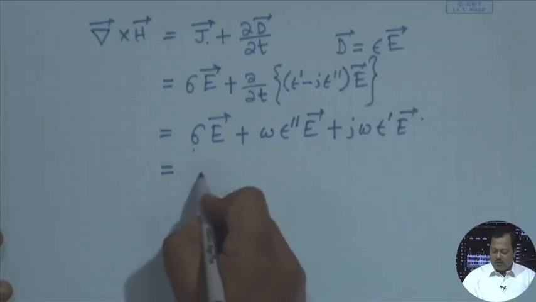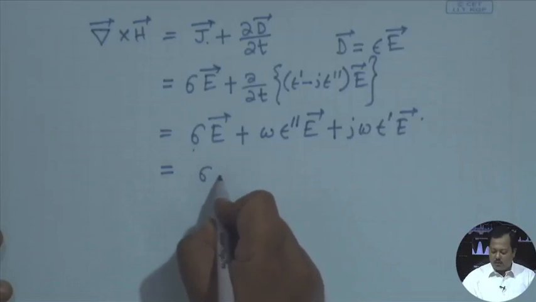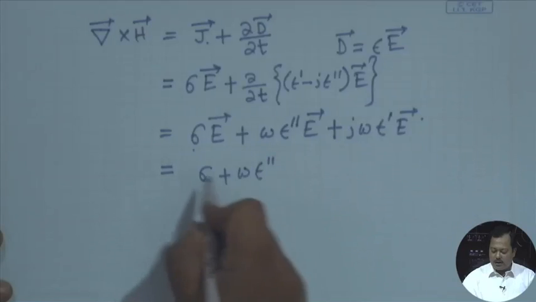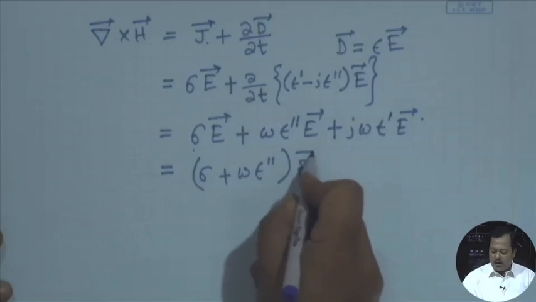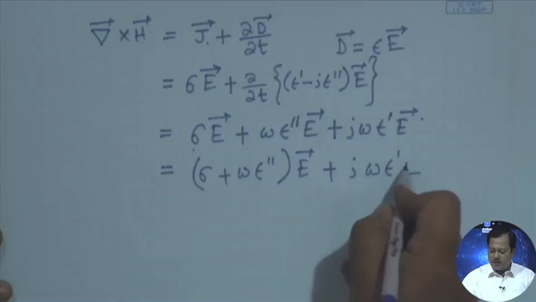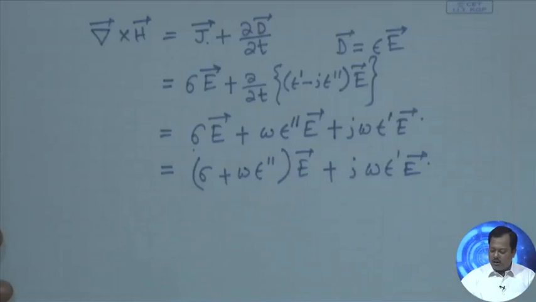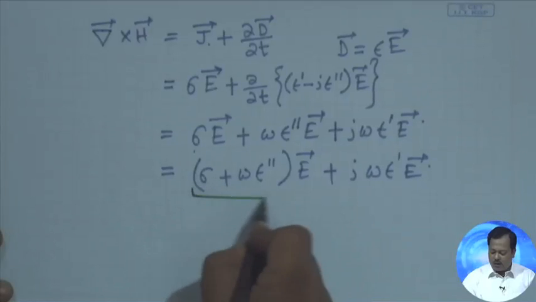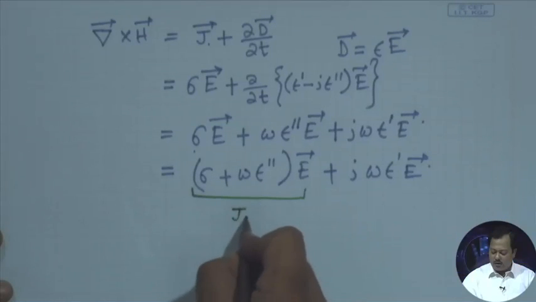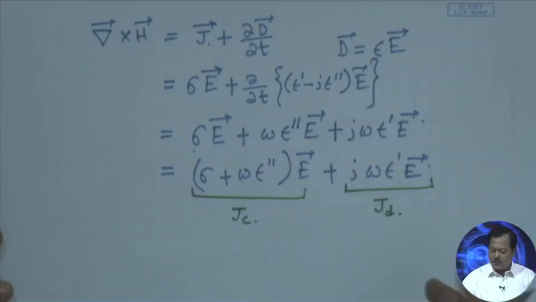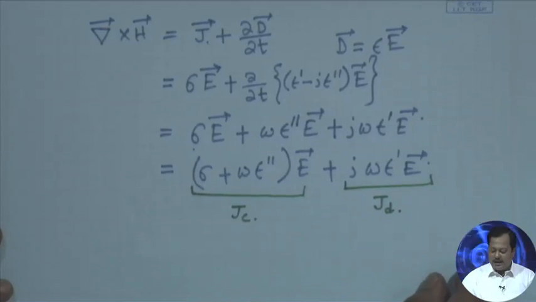Together this is sigma plus omega epsilon double dashed, times E, and the imaginary quantity we have is j omega epsilon dashed E. This first part we can call the conduction current component Jc, and the second part we can call the displacement current component Jd.